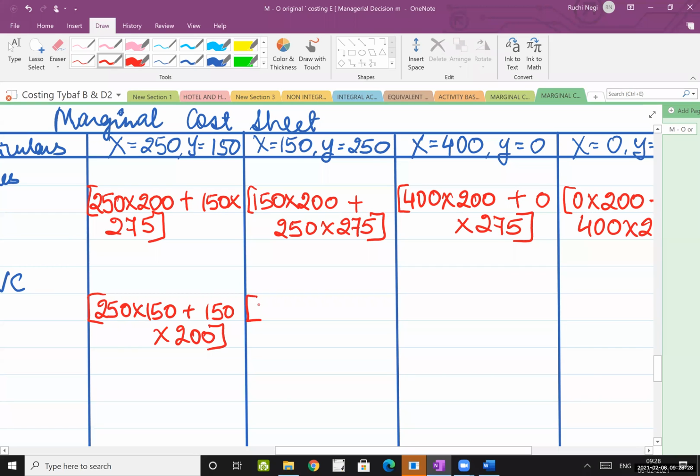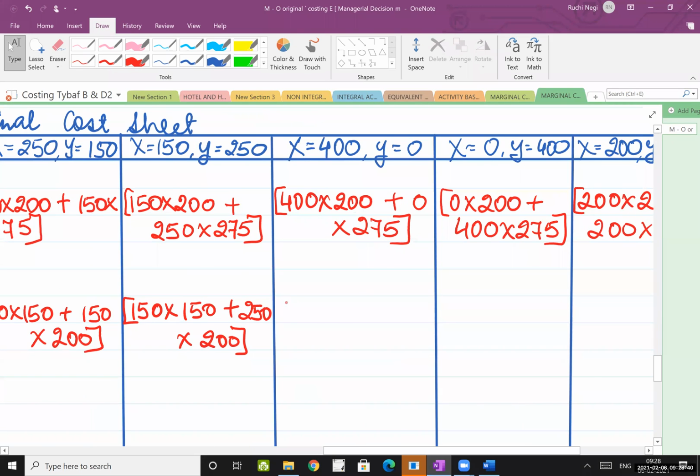Quantity multiplied with rate. Next, 150 into 150 plus 250 into 200. Next, 400 into 150 plus 0 into 200.